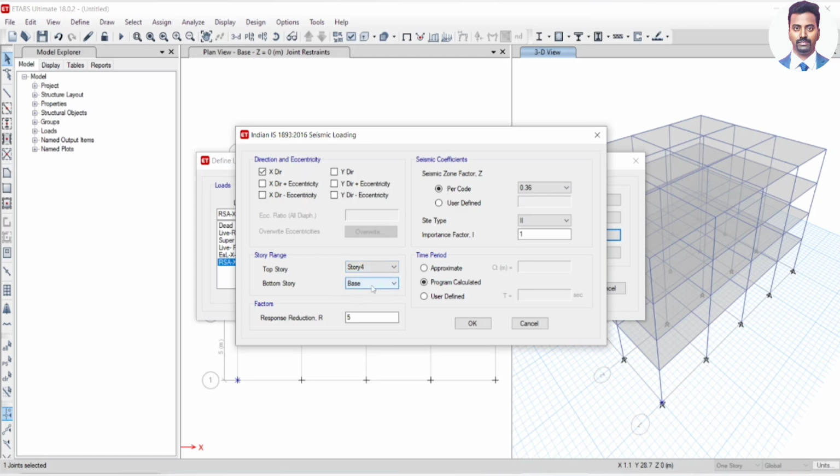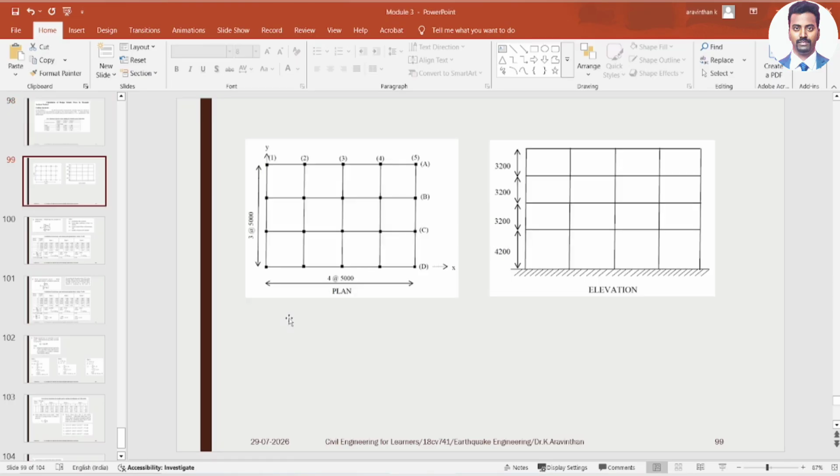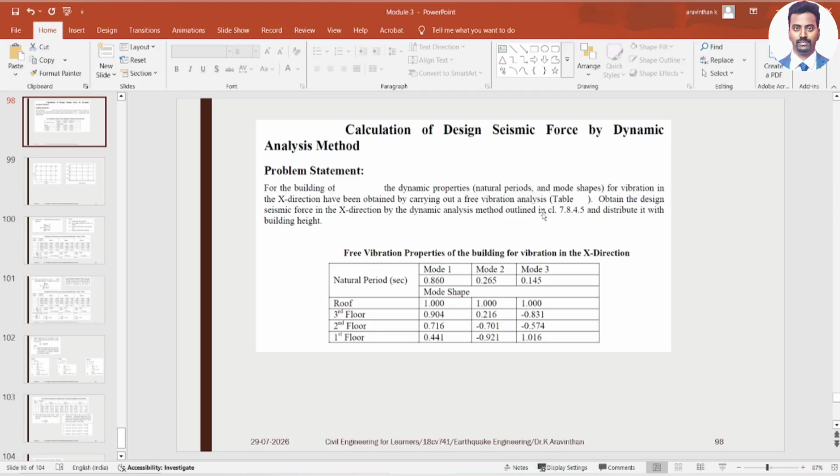The bottom story is base, response reduction factor is 5, and according to seismic zone 0.36. And when we are substituting the zone soil condition, here it is given, the same data we can take, and for the building the dynamic properties of natural period and mode shape is being given here.